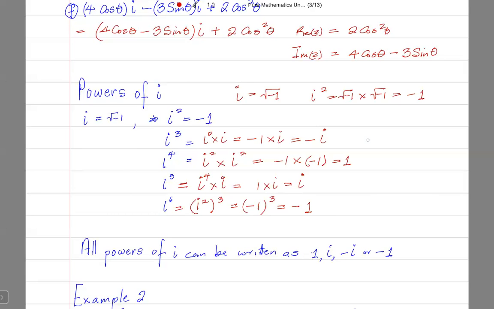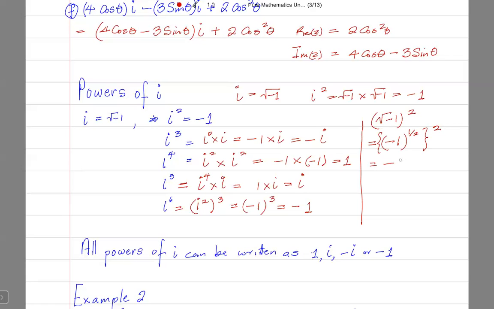Or if you want to look at it from the point of view of indices, that was surds, you could say that the root of -1 squared would be the same as saying -1 raised to the half power, squared.